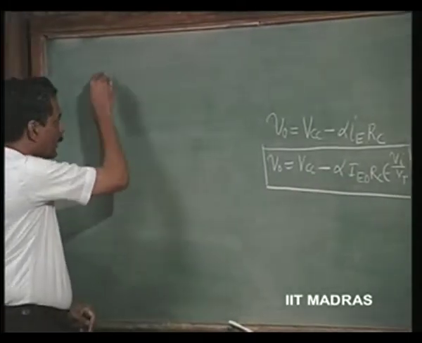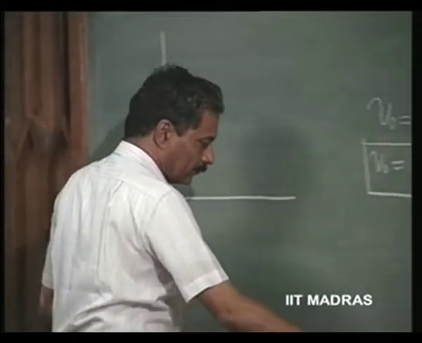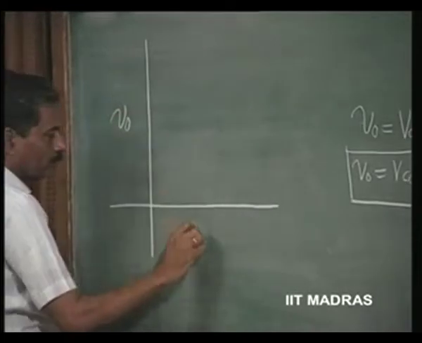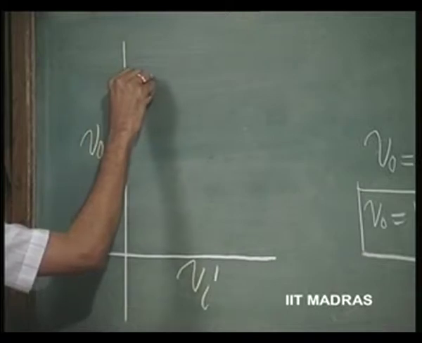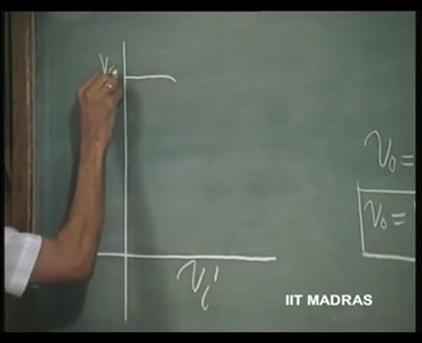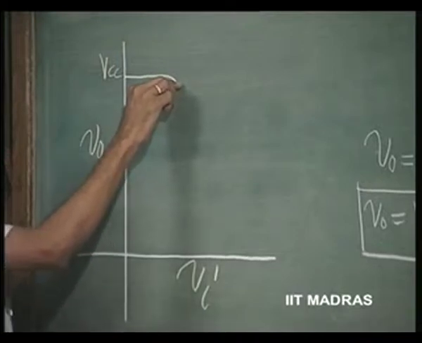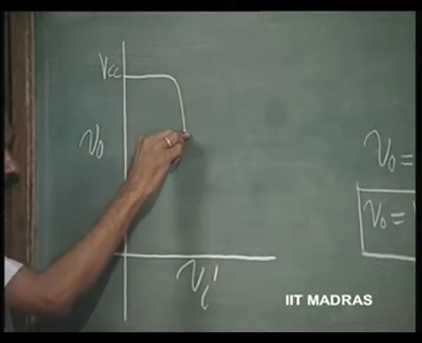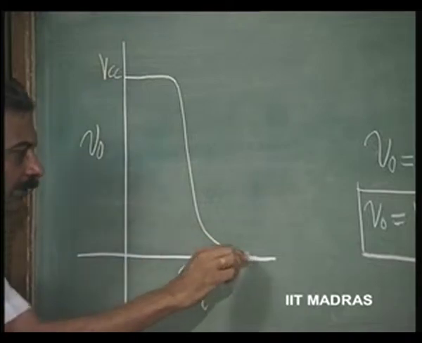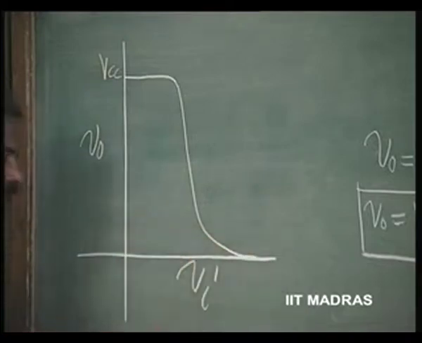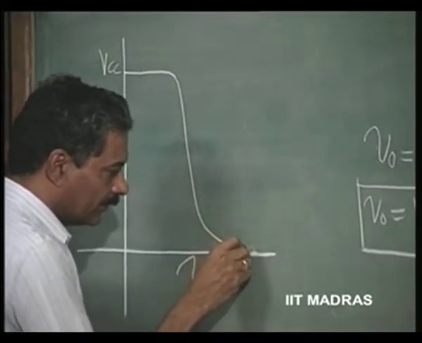If you plot this, initially the output will be almost VCC, and thereafter at about Vi equal to 0.5 to 0.7, the effect of rapidly increasing current occurs, and then it goes to saturation. In fact, it is not going to come to 0 suddenly; it will slowly come to 0.